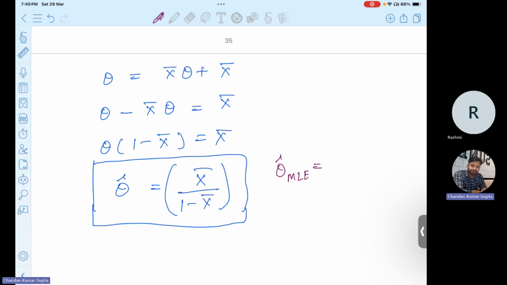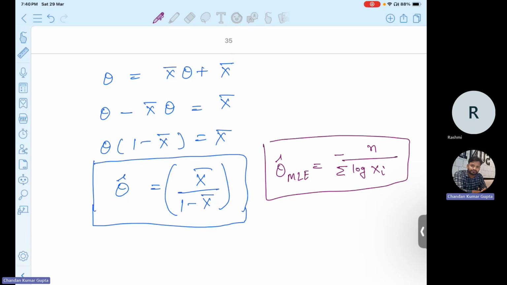Now the MLE comes out to be minus n over the summation of log base e, obviously natural log, of xi. So this is the maximum likelihood estimate for the parameter, and this is the method of moment estimator for the parameter.